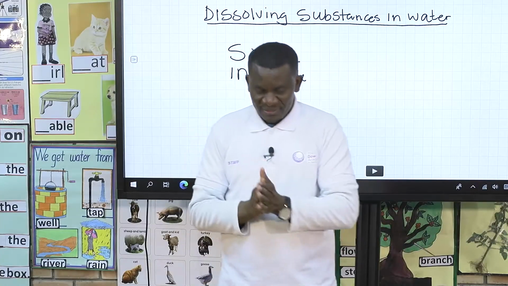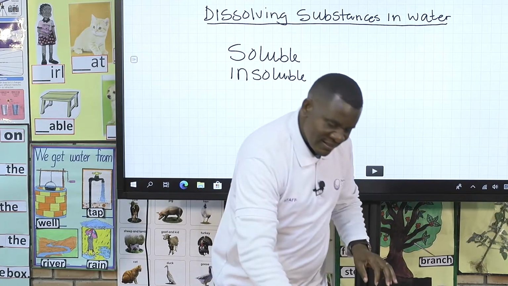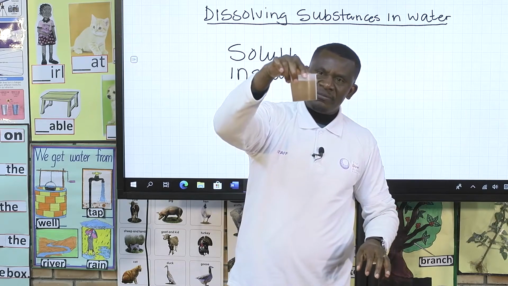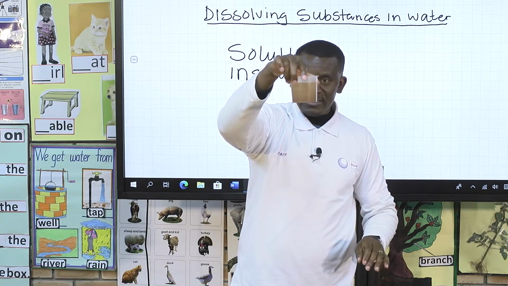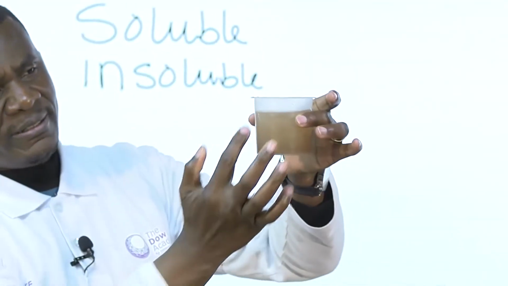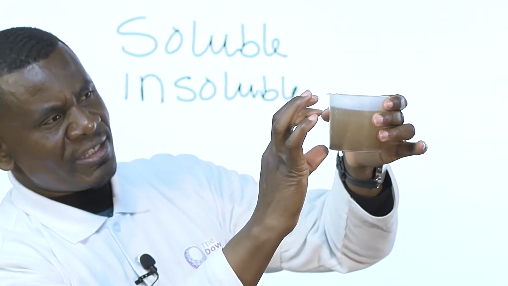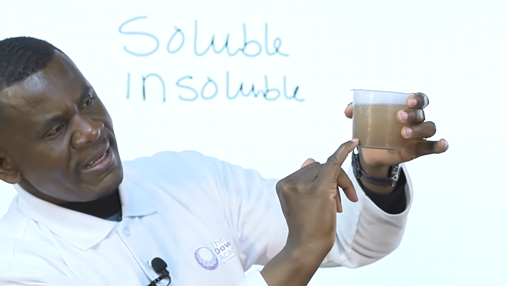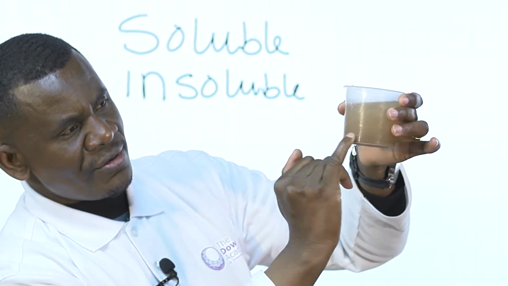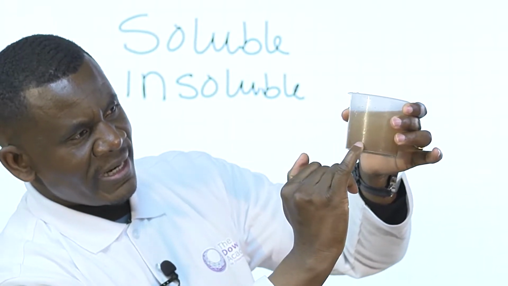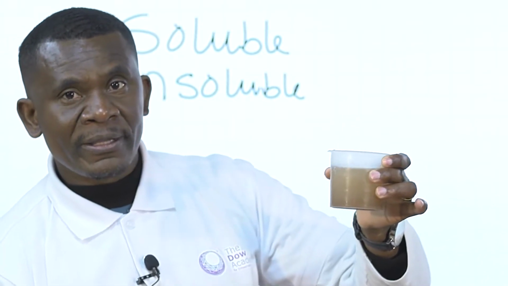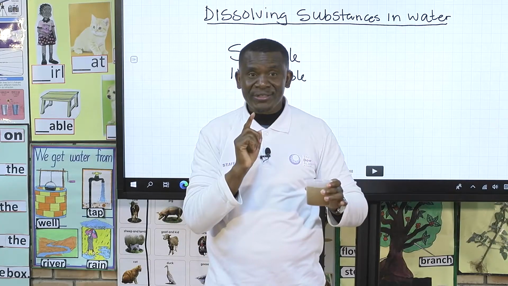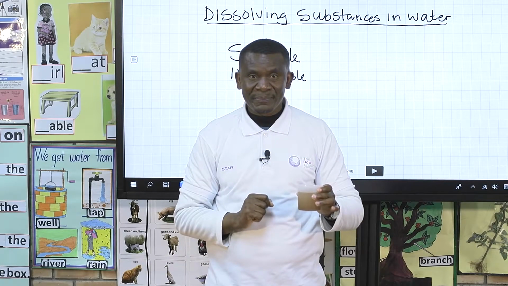Right, boys and girls, as you can see, we started with our sand. When you look at this sand or soil in this solution, there is soil or sand down there. It means it has not dissolved.